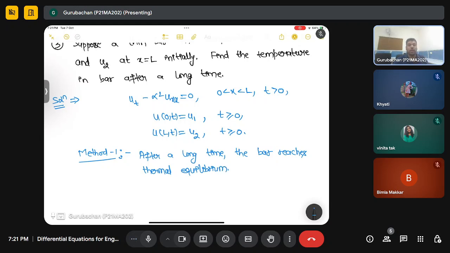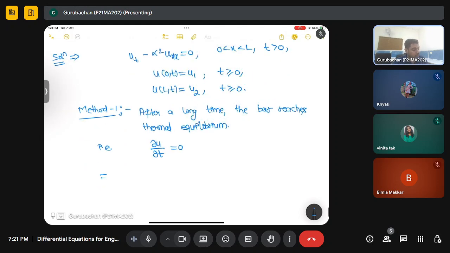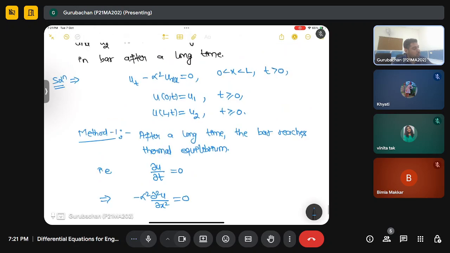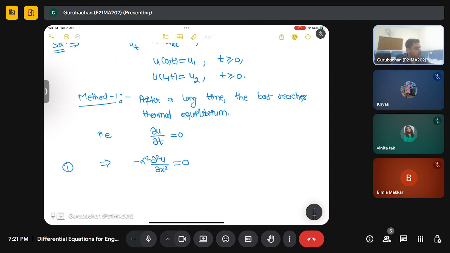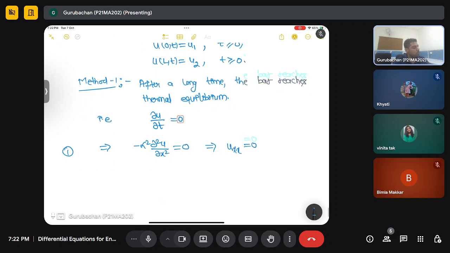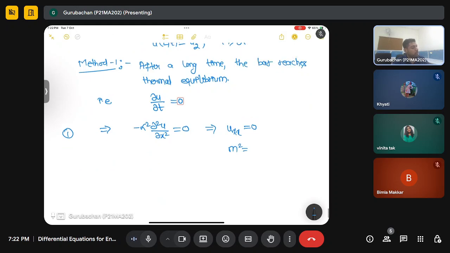Thermal equilibrium means it is not affected by the ut derivative, so del u by del t is 0. This implies that in the heat equation we are left with uxx is 0. From here the auxiliary equation will be m square equal to 0, m is 0, 0.